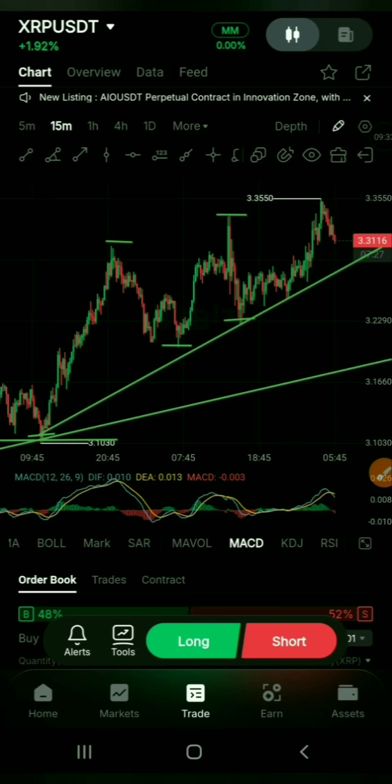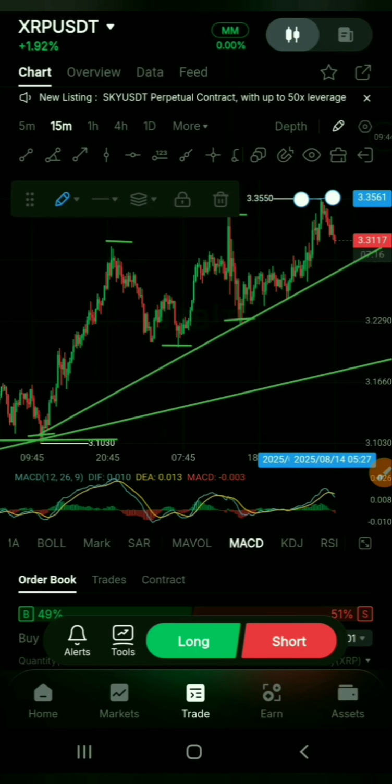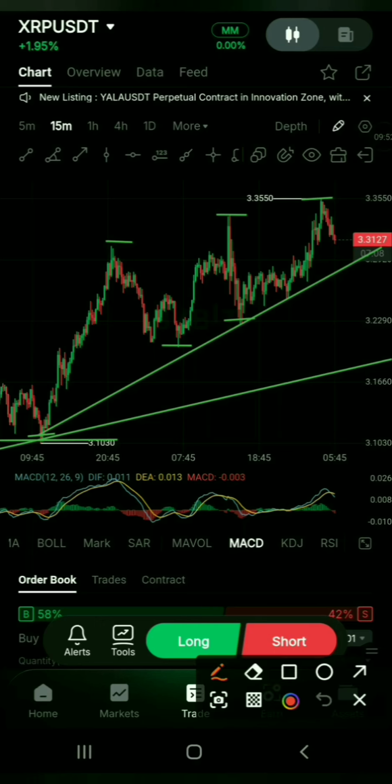Okay, and we have a higher high again over here. Just like this. Okay, now what we are looking for is a higher low somewhere around here that will validate our upward movement.